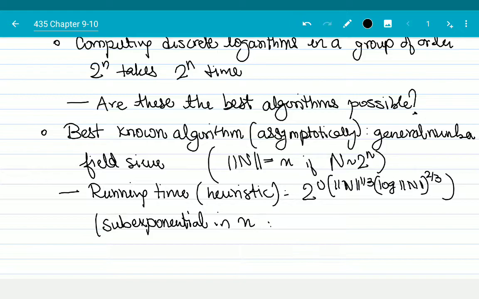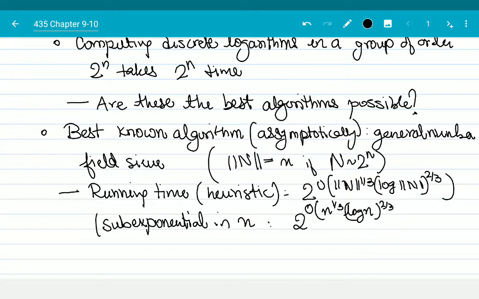Because if you look at it, this is 2 to the order of n to the 1/3 times log n to the 2/3.